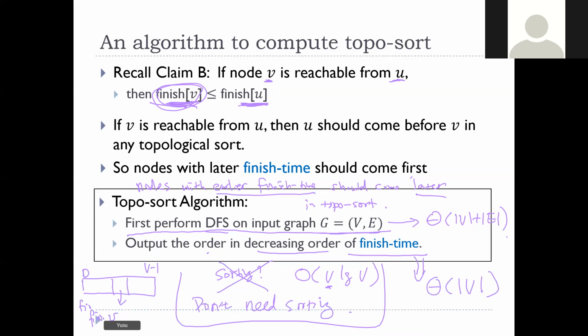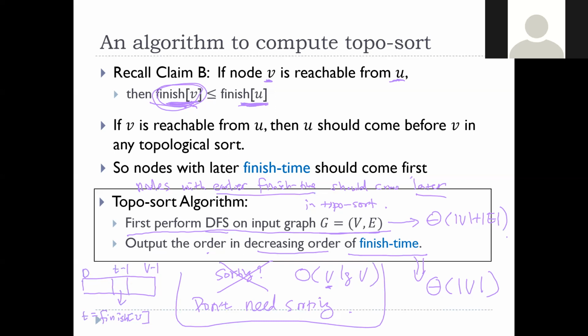Let me actually write it here. If the finish time of a node is t, you simply fill it in the position t minus 1.